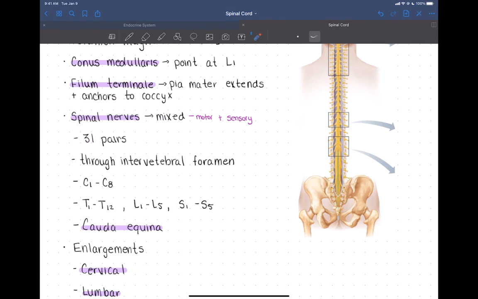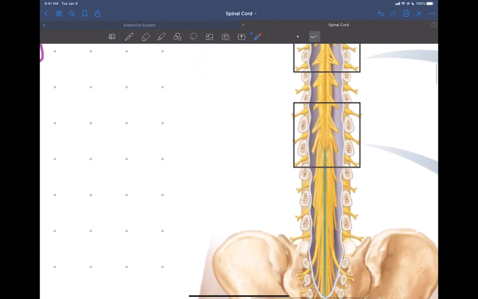Actually, this becomes a little unique with these particular spinal nerves and some of the lumbar spinal nerves, because they're not extending directly off of the spinal cord and going straight out through those intervertebral foramen. If we zoom in, you can see that this is our conus medullaris again. They're actually extending from that conus medullaris and going down until they reach that intervertebral foramen.